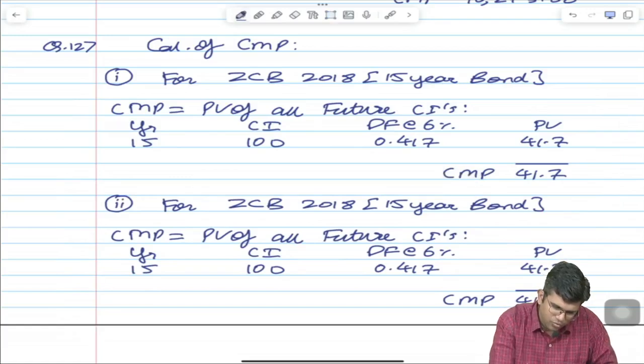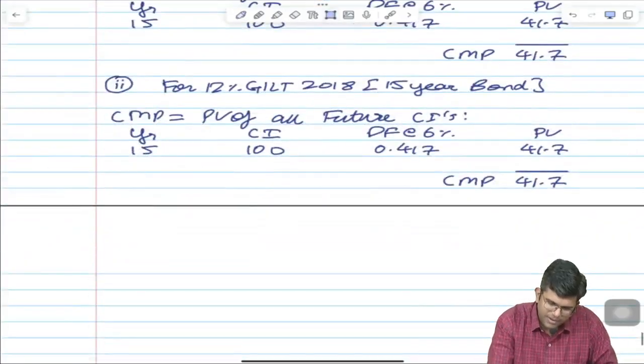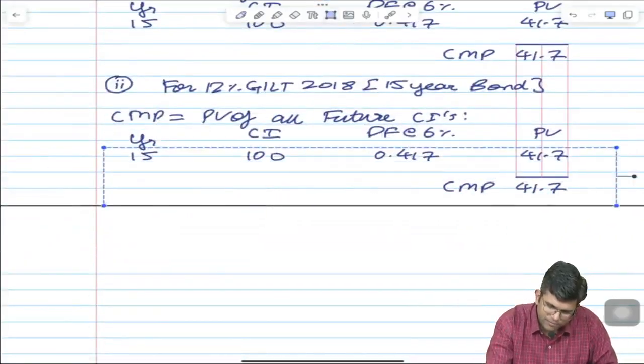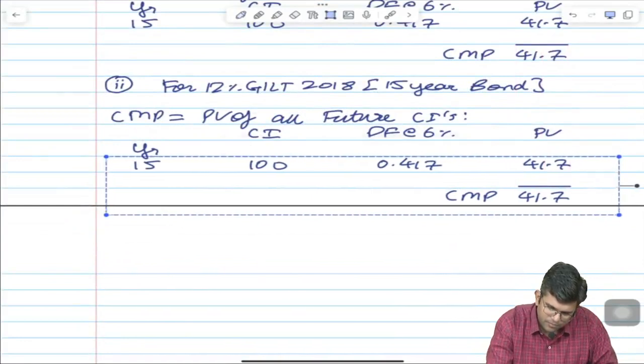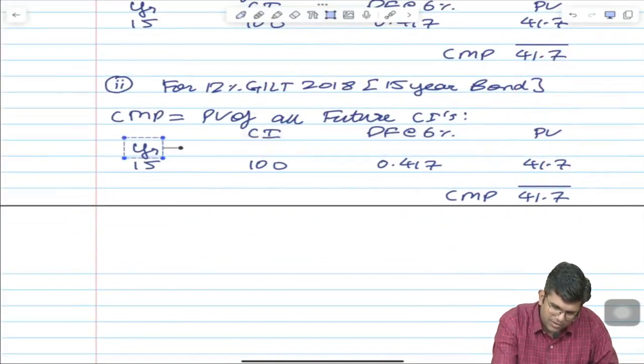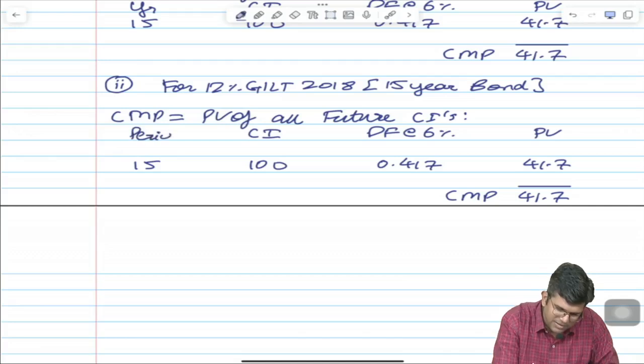Point number 2, for 12% gilt 2018. Students, everything remains same. Tell me, where will things change? Do you realize period will come instead of year?